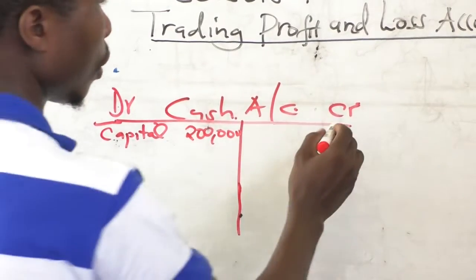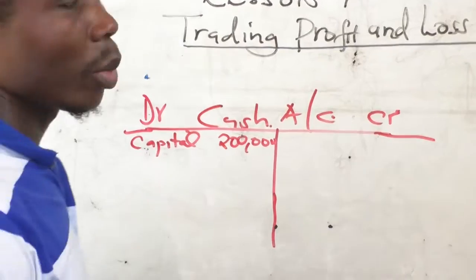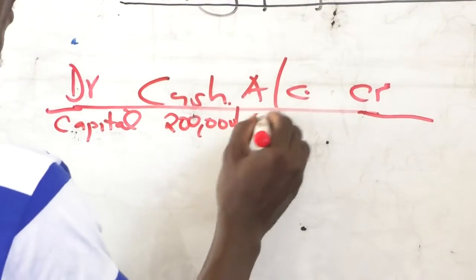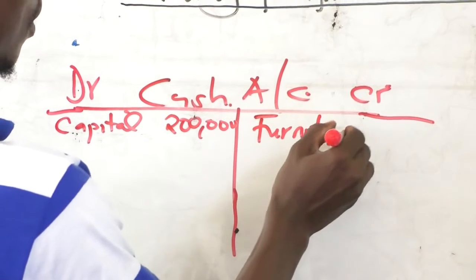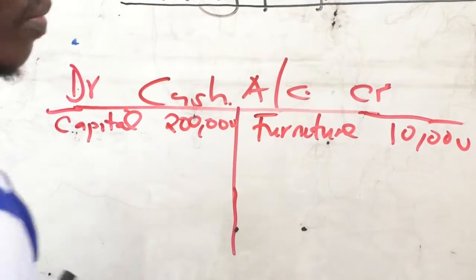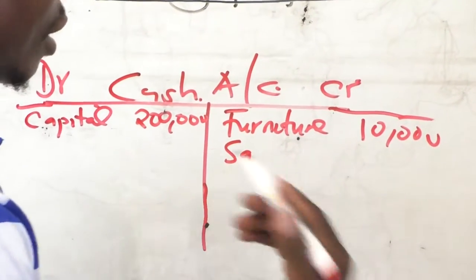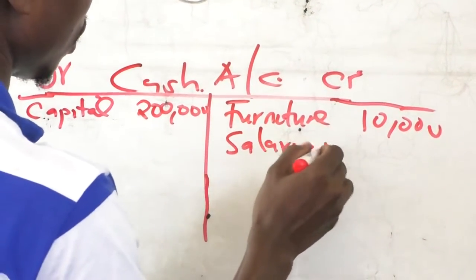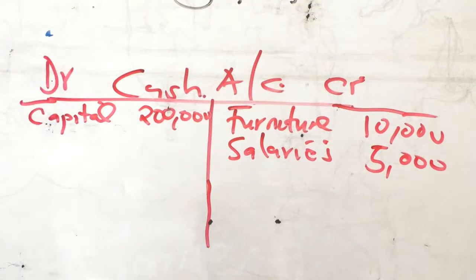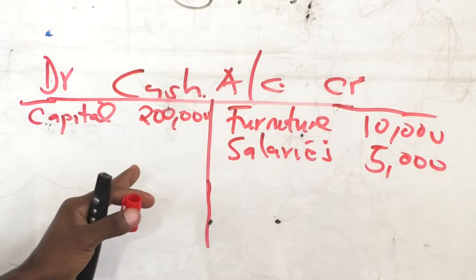Then the cash in hand was used maybe to purchase some items, maybe furniture in the business, for example 10,000. Then maybe some workers were paid their salary in cash, so salaries. I'm just doing a recap on whatever we have done. So doing this is opening a ledger account.